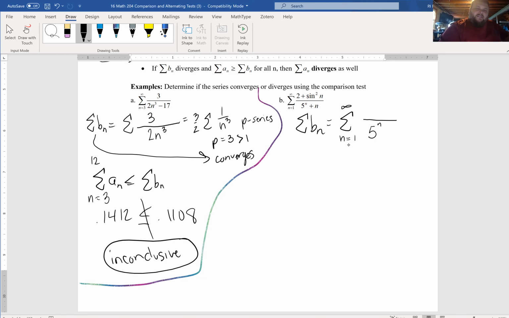But if I plotted sine squared, right? So originally sine looks like this. And then sine squared should do this.